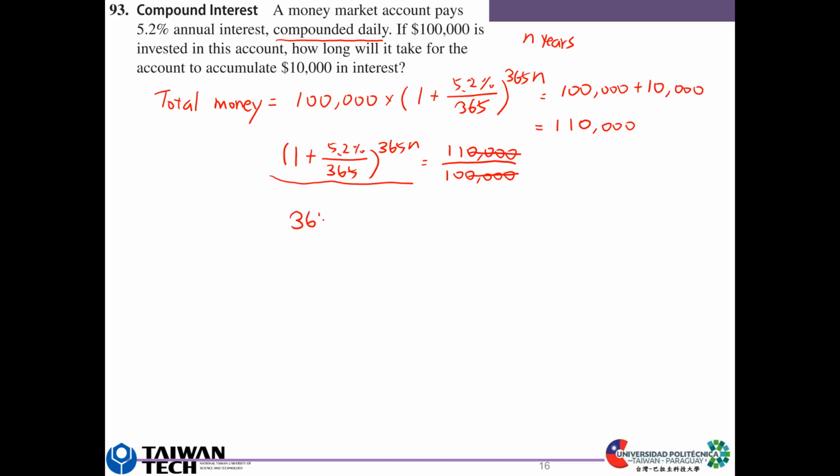So it's 365 log of 1 plus 5.2% divided by 365 equals log of 11 divided by 10. This is 365n.